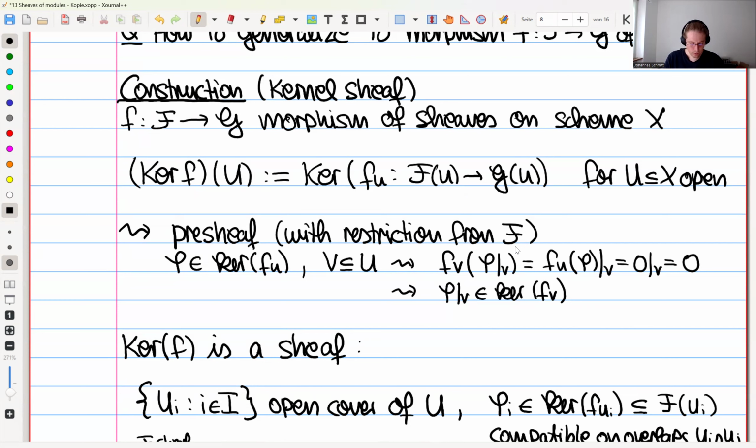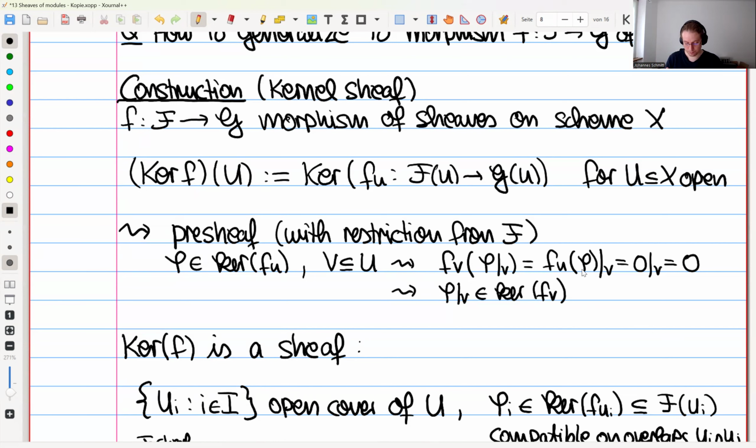And to see this, well, assume you have phi in the kernel of F_U on some bigger set U, and then you have a subset V. Then we want to show the restriction of phi to V is still in the kernel. So we want that if you restrict and then apply F_V, then you get 0. But now we just use that all this data is compatible with restrictions. In particular, we can first apply F_U and then restrict.